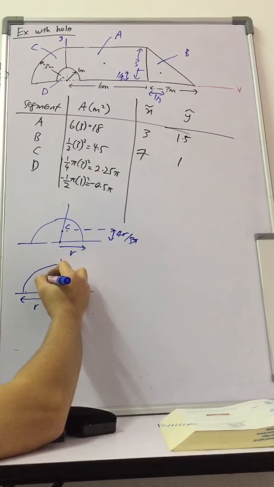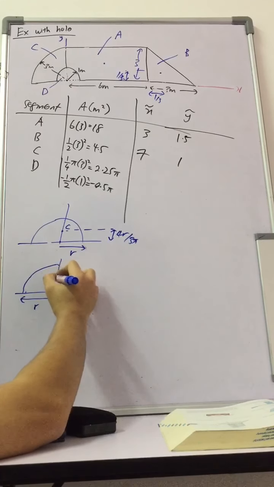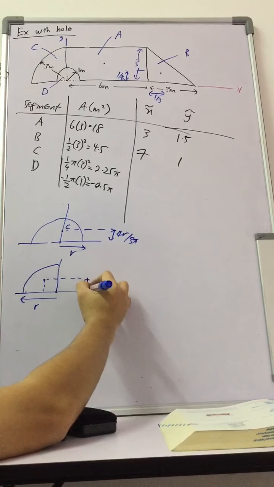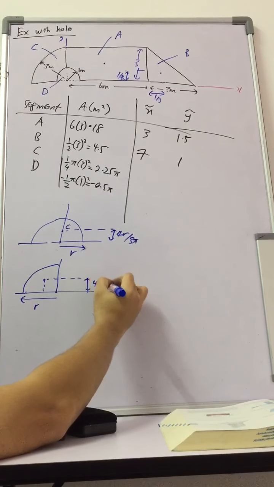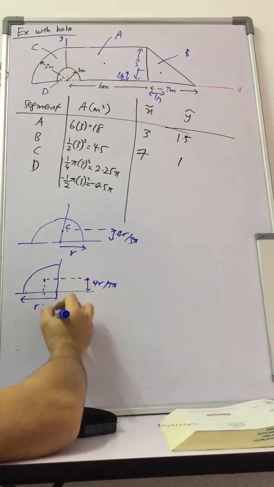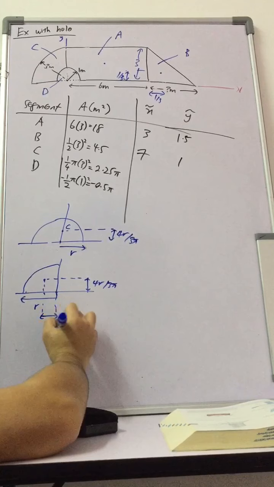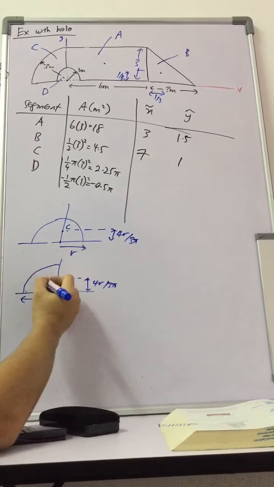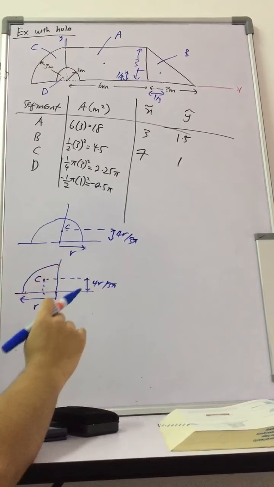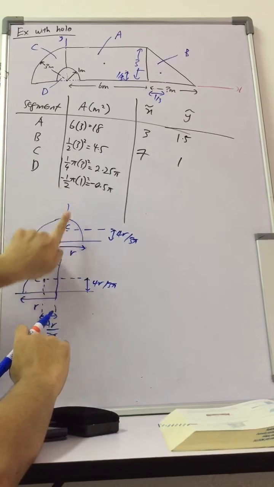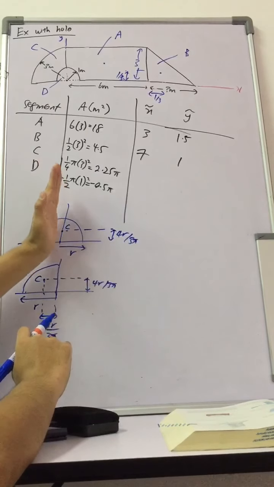So the centroid of this quarter circle will be 4r/3π. Now it is shifted even more. Previously it was in the middle, because of symmetry.